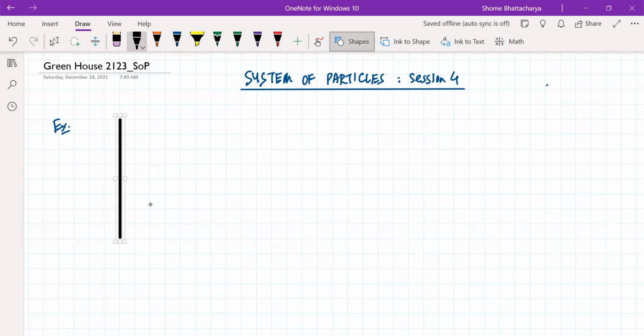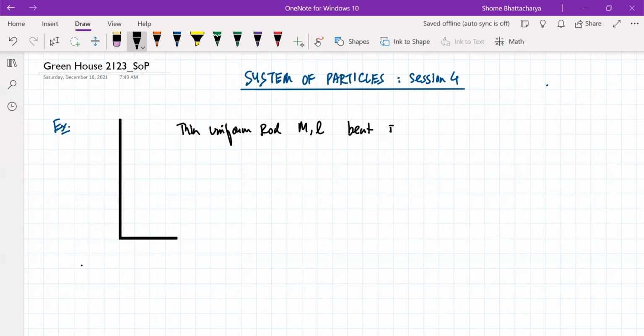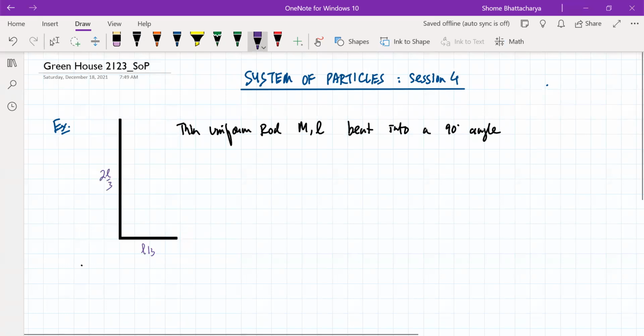So originally this was a thin uniform rod of mass M and length L, bent into a 90-degree angle such that now this part is L by 3 in length and this part is 2L by 3 in length.